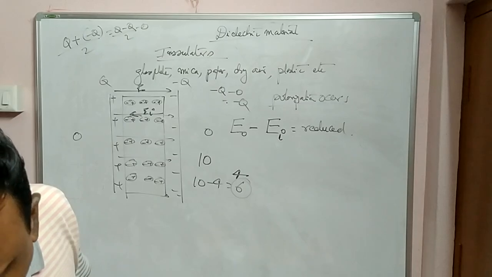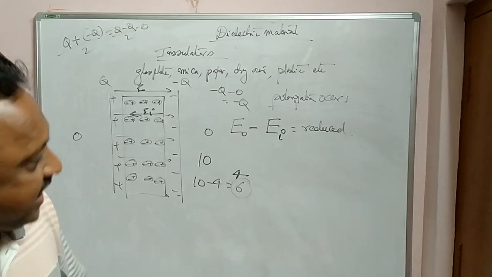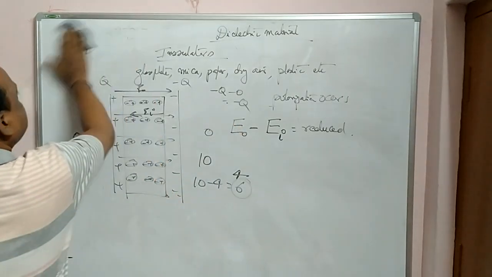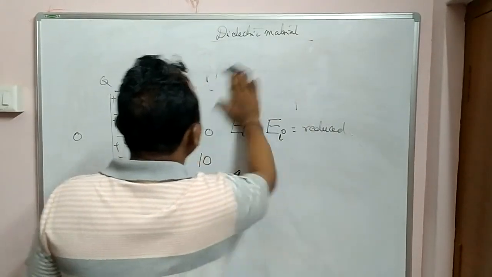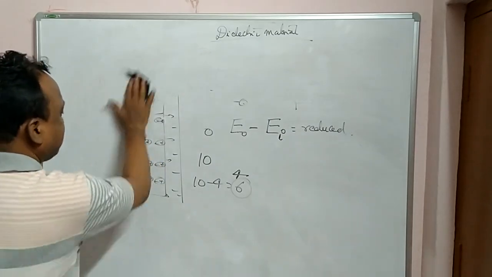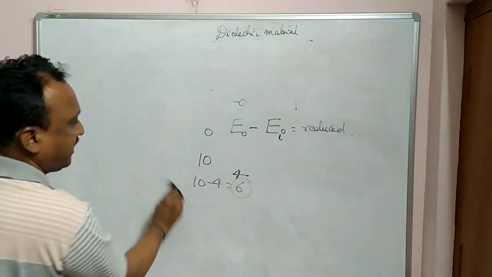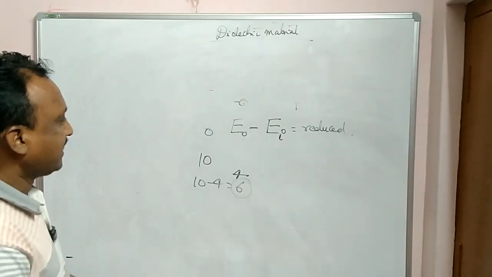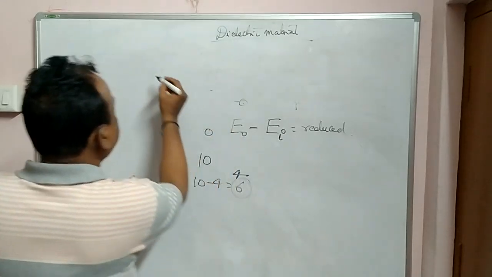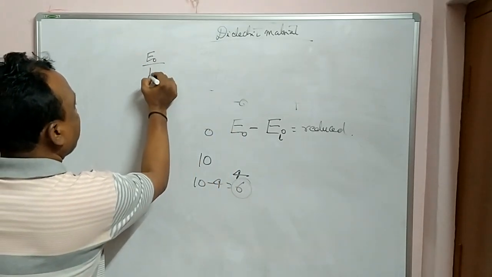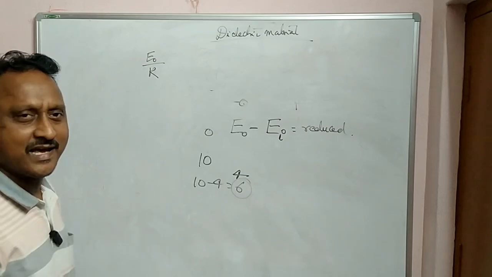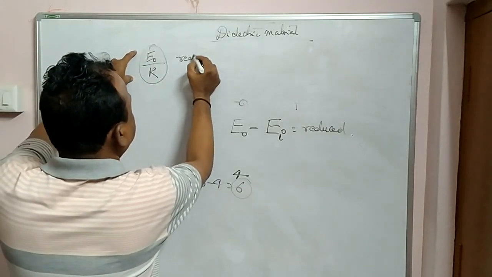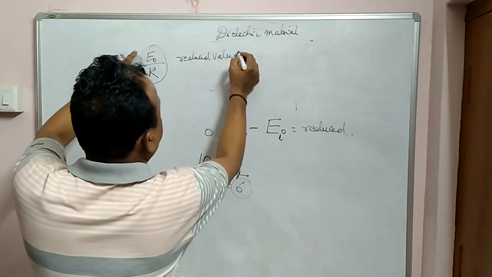Now in what way it will be reduced, that I also have to discuss. How much value is reduced from the original value. Have you copied this? Right. So how much value is reduced by placing the dielectric material? For example, if the original value is 10 and the induced value is 4, the resultant is 6, so it has reduced. How much is it reduced? E0 by k times. The value becomes 1 by k times the original value, the reduced value of the electric field.